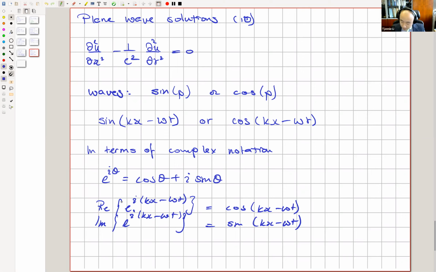But anyway, we could still make use of the complex form when we do our analysis of the waves. So let's take a look, starting with an ansatz like this. So in this case, we have either sinusoidal or cosines, or we write it in the complex notation.